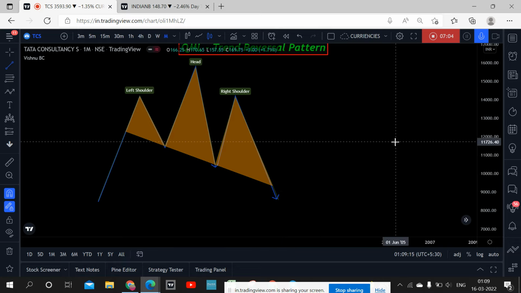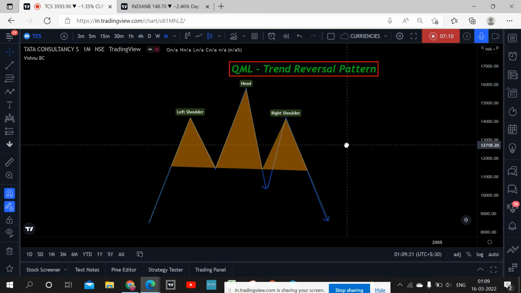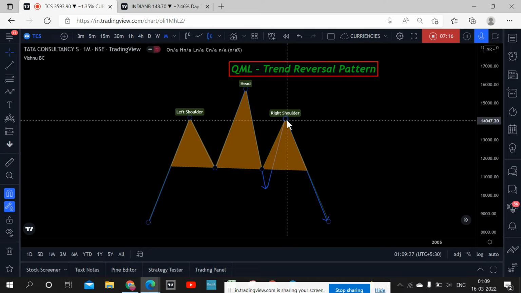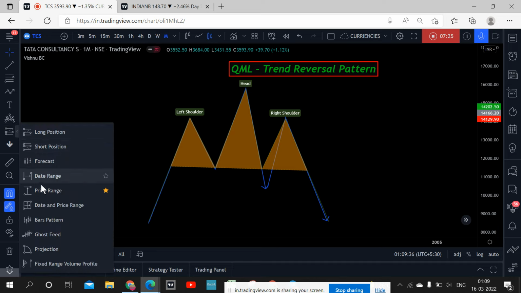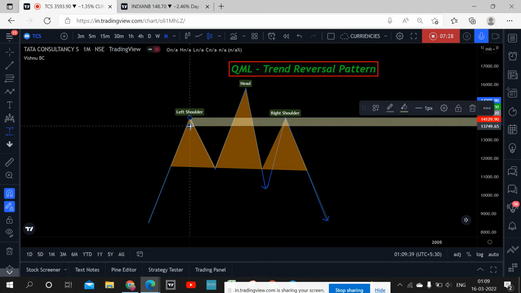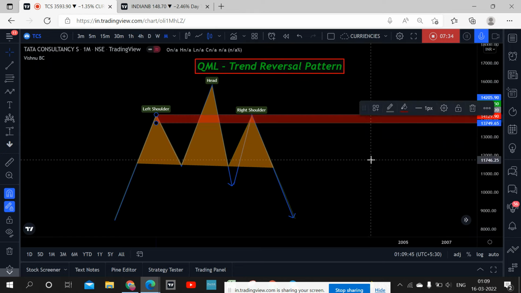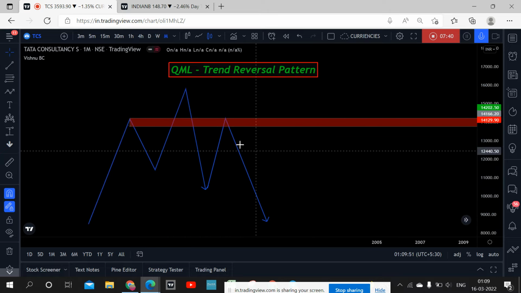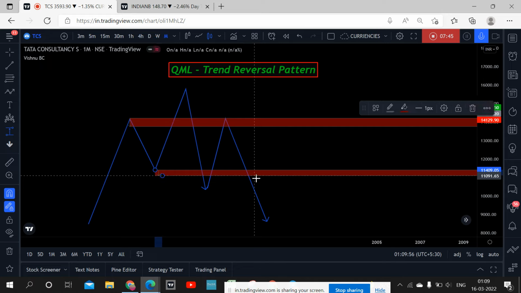But this is not Quasimodo. Quasimodo is whenever the previous low has been broken with a strong sell candle, and it goes back for a retracement, and as per Quasimodo, the previous leg is your entry point. As I say, this is not a head and shoulder pattern. It looks similar to it, whereas in a head and shoulder pattern, your entry will be at this point.